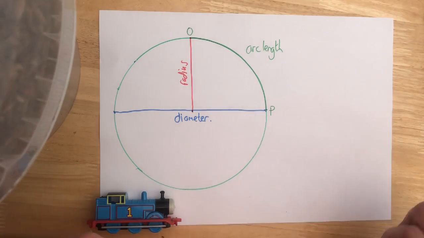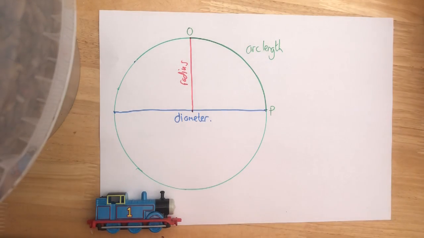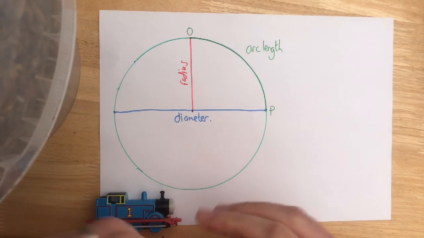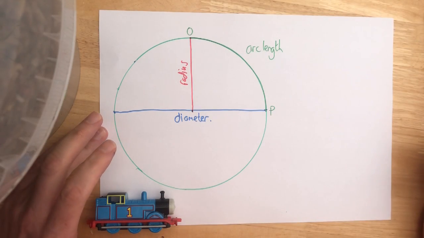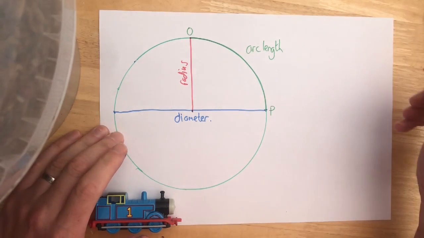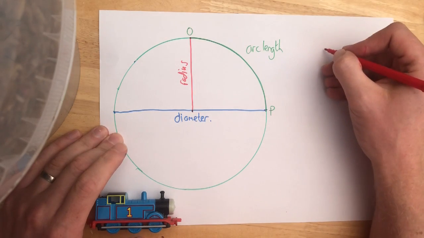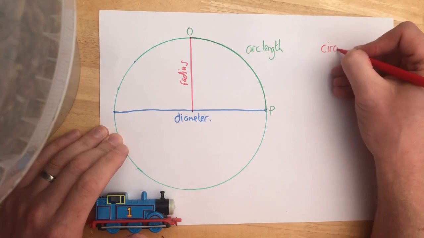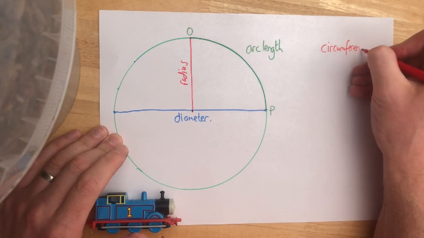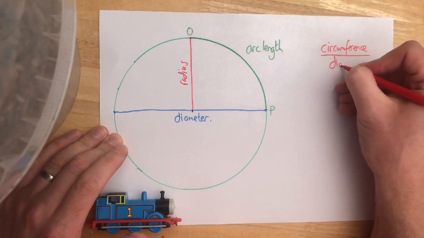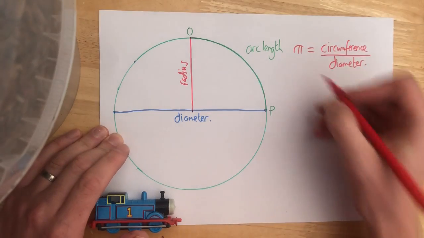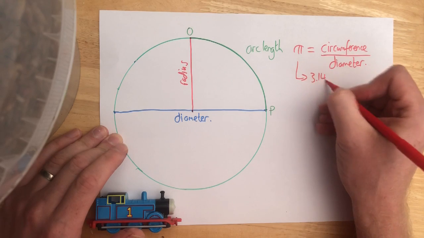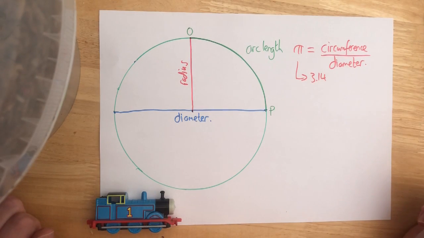Now, one of the special things about circles is the relationship that exists between the circumference of the circle and the diameter. For every circle, there is a set ratio, and it's a constant of nature, and it won't come as any surprise to you what it is. So if you, for any circle, were to take the circumference and divide it by the diameter of the circle, you get that magic number pi, which of course is 3.14 to 3 significant figures.